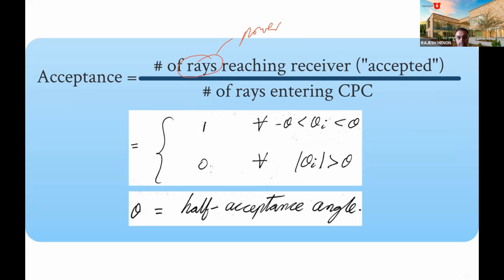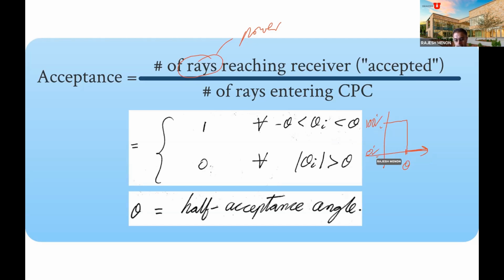In an ideal CPC, which we saw in the two-dimensional, two-parabola CPC, is an ideal CPC that has 100% acceptance until it reaches the edge angle, the acceptance half angle theta, and beyond that it goes to 0%.